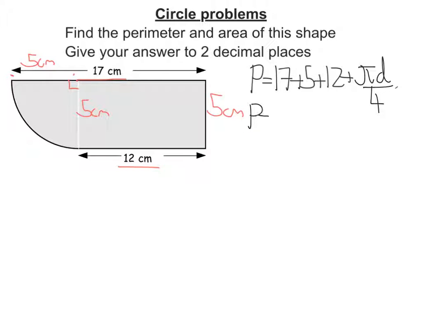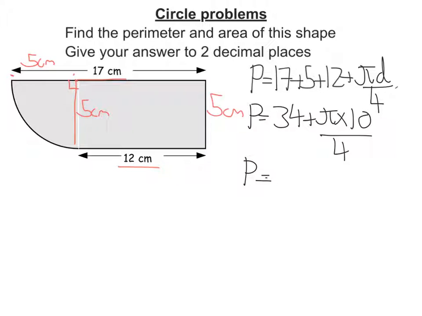So the perimeter, well 17 plus 5 plus 12 is 34, plus pi times the diameter. Well we've already said that this distance here is the radius, so that's 5, so I need to double it to find the diameter, so that's going to be 10, all over 4.